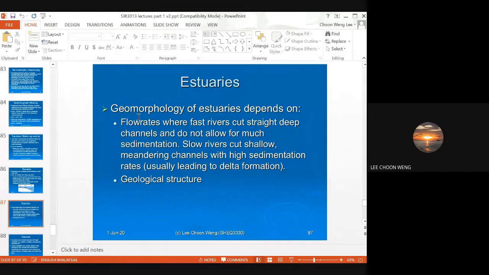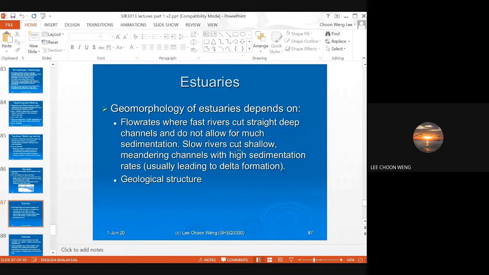Fast flow rates will cut deep and straight channels for the river mouth. But slow river flow rates do not have as much force and will follow a meandering channel, which means it will follow the geological structure more.